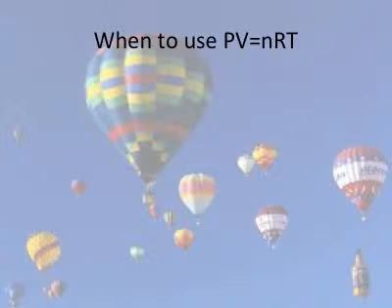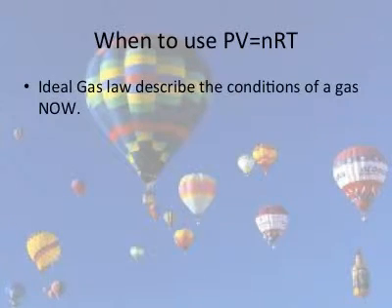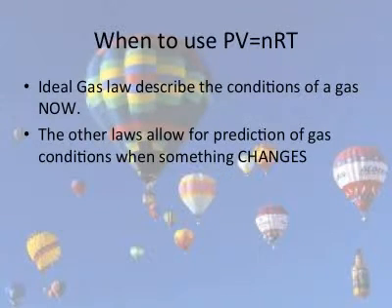Okay, so when do you use PV equals nRT? Well, the ideal gas law describes the conditions of a gas right now. Okay, so if you remember, last week when we talked about the other gas laws, we were talking about when something was changing. So we had initial conditions versus final conditions. Well, PV equals nRT is when you're wanting to know how the gas is behaving right now.